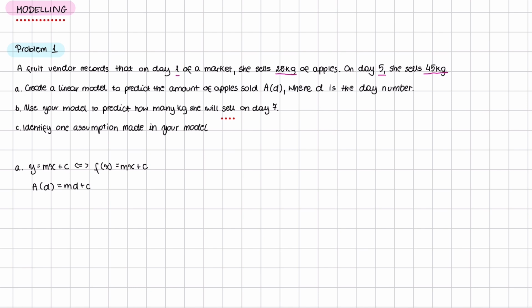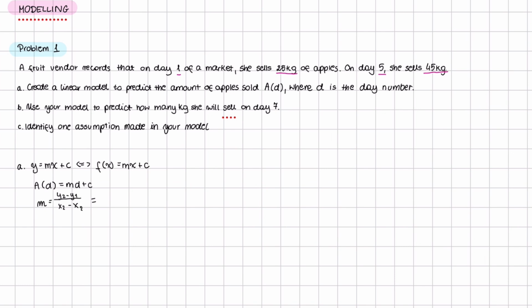And from this we can simply find our gradient, and its formula is y2 minus y1 over x2 minus x1. This formula is in your booklet, so don't worry, you don't need to remember it. You will have it during your final exams.